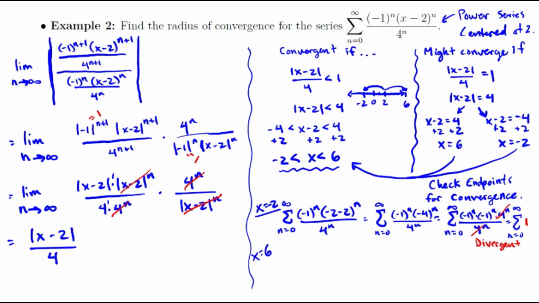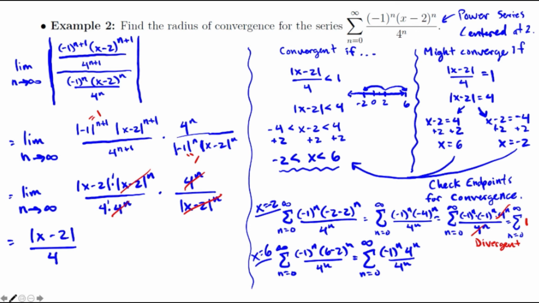And x equals 6. The sum from n equals 0 to infinity of (-1)^n times (6 minus 2)^n over 4^n, which is (-1)^n times 4^n over 4^n.